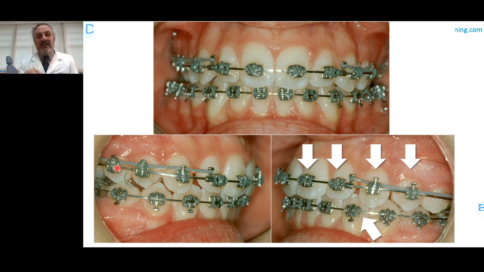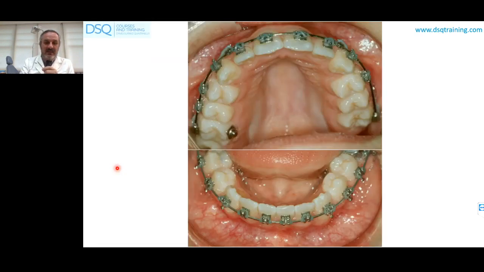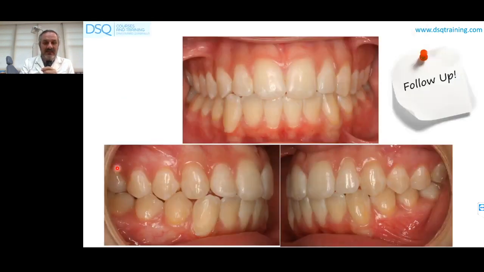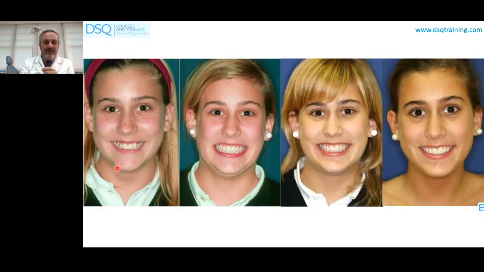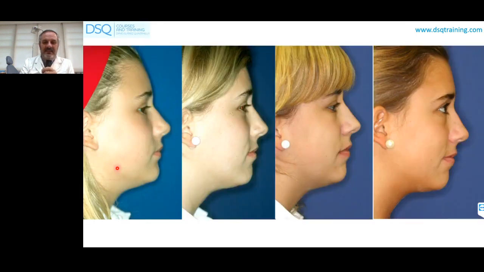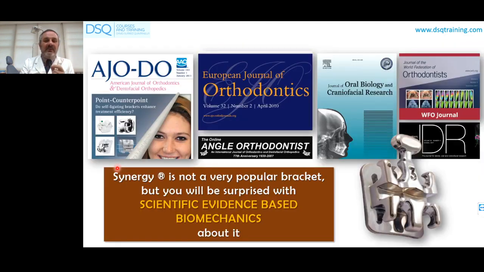We need the sliding of the bracket along the wire. For this reason, ligate in the center. Okay, and the follow-up shows the smile and the esthetics of the patient, a very good esthetic result without extraction and with very good stability.